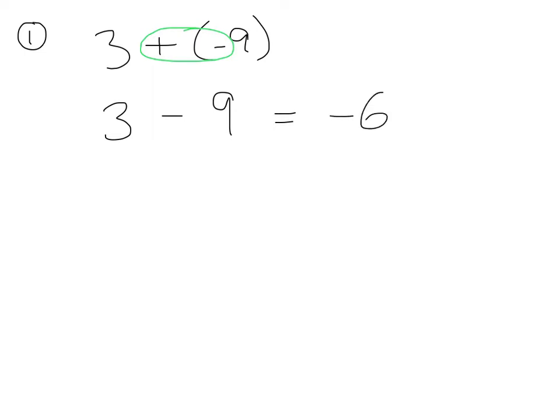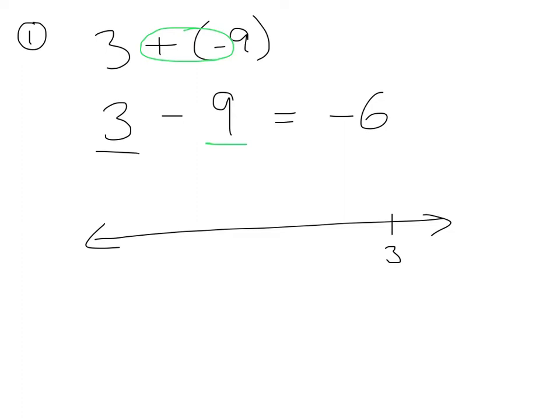But the reason behind that is, well, let's go to the number line. So we have 3 minus 9. What that means is we start at 3, and we're going to then subtract 9. We know it's going to be negative 6, but just bear with me for a second.